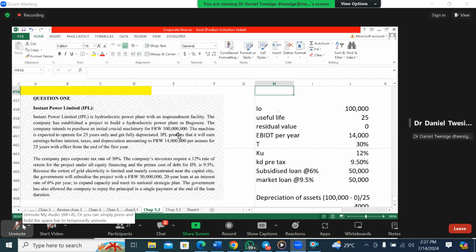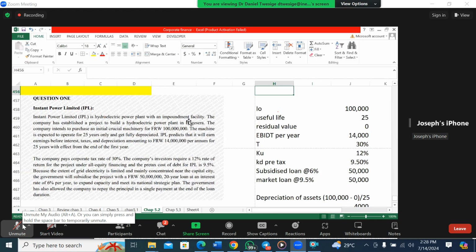If IPA predicts that it will earn these earnings, don't we need to calculate? They have given us a tax rate. Don't we need to calculate a tax saving on depreciation? No, for me, I see we can calculate only the depreciation.